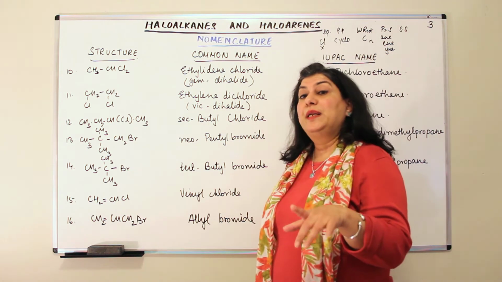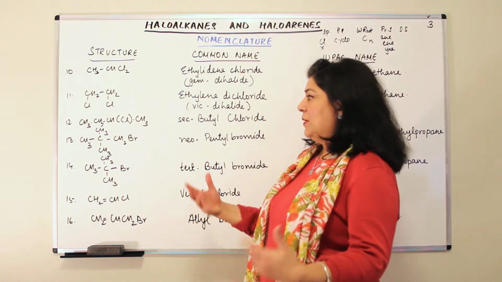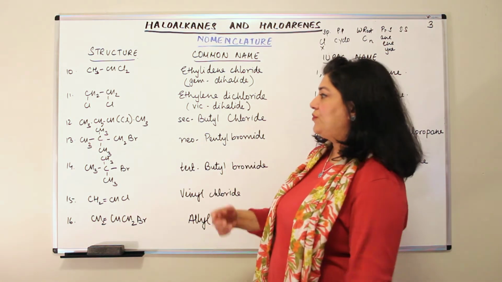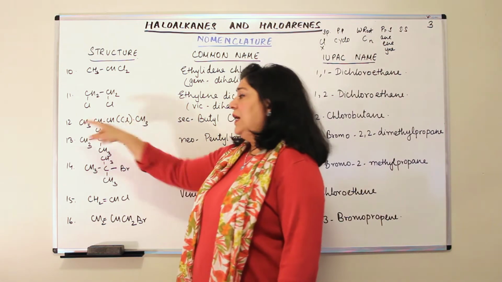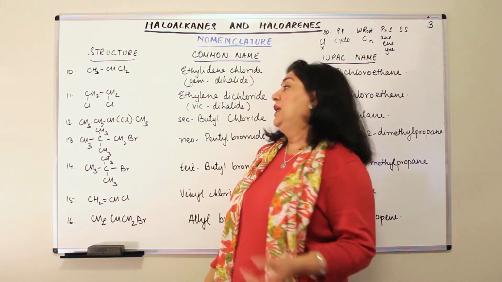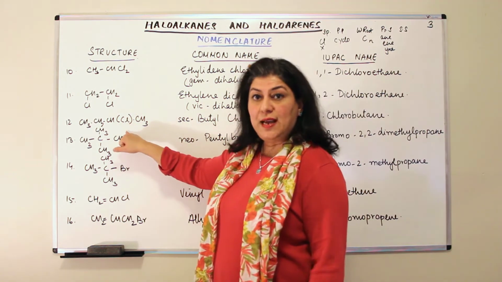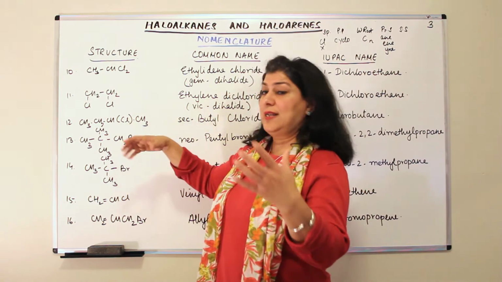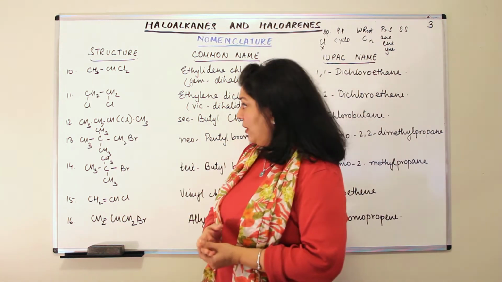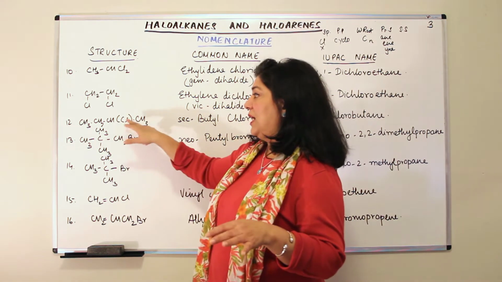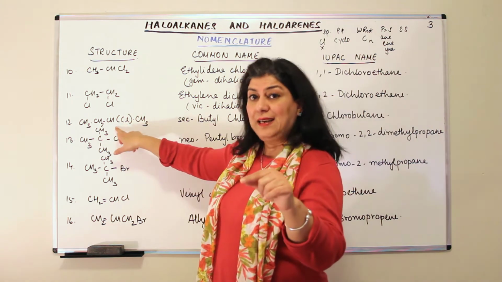That would be the common name of this compound. But how would you write the IUPAC nomenclature? The rules don't change there. The word root is but because there are 4 carbon atoms in one chain. It is saturated, therefore it is ane. It has the substituent chlorine attached to it, so we will write chloro. It is not cyclic, so primary prefix is not there. So it is chlorobutane, but the chloro is attached on the second carbon atom.